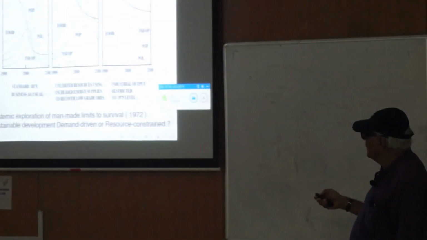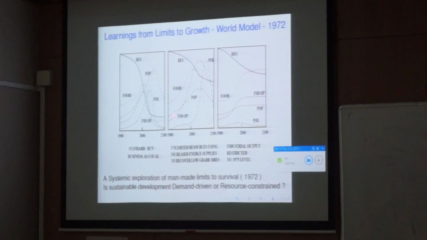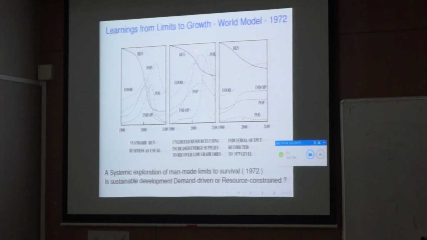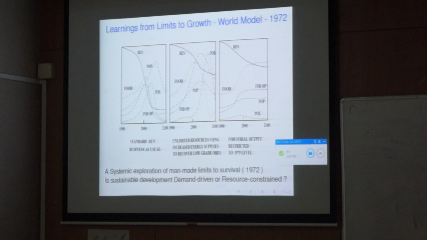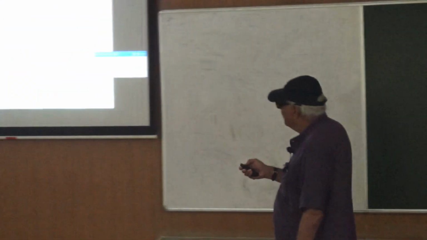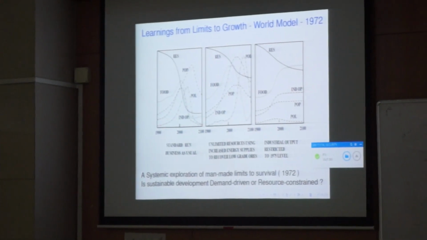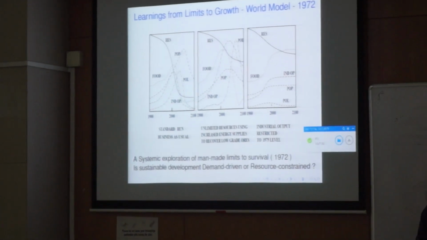And then industrial output will rise. Look at what has happened to pollution. This scenario will give you food, will give you more industrial output and so on. So the world will be limited by pollution.